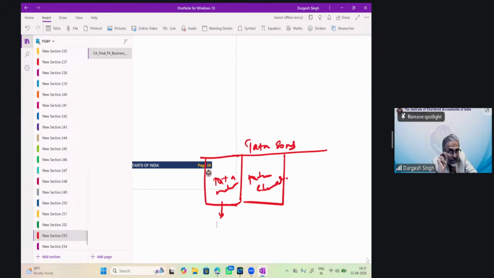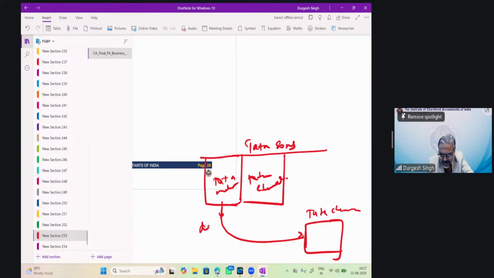Now, if there is a demerger taking place where this division is taken out and made a separate entity altogether, say Tata Chemicals Limited, this would be a demerger.